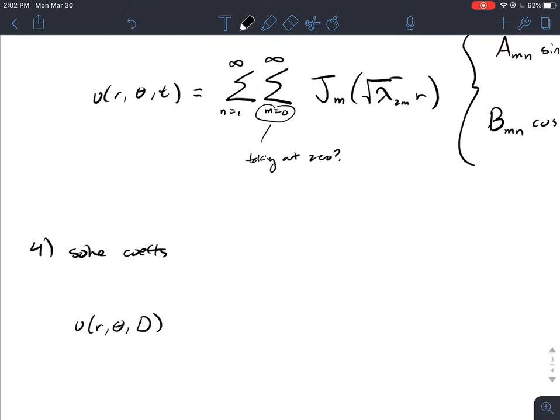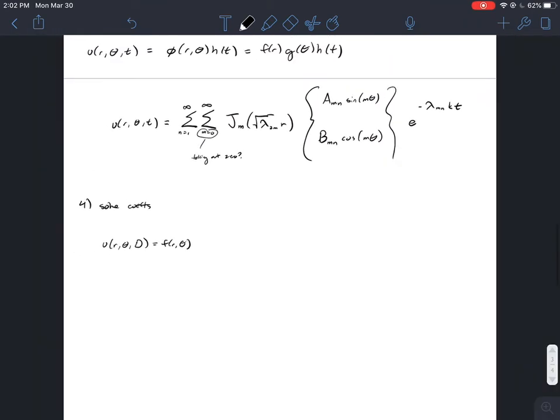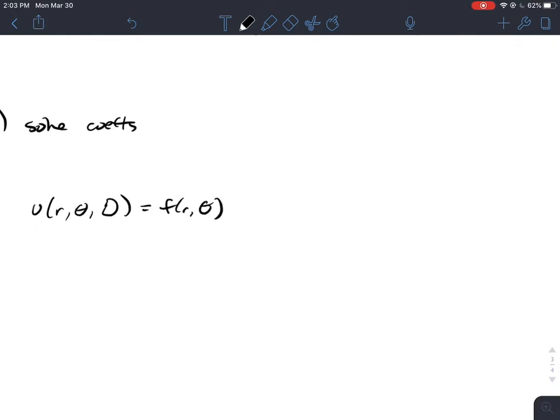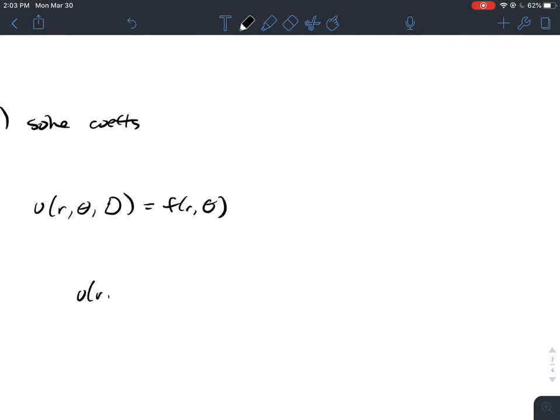Recall that we were given an initial condition of this form. So in applying that initial condition now, we will have to solve for both amn and bmn, seeing that f of r, theta is just an arbitrary initial condition. So let's apply that.